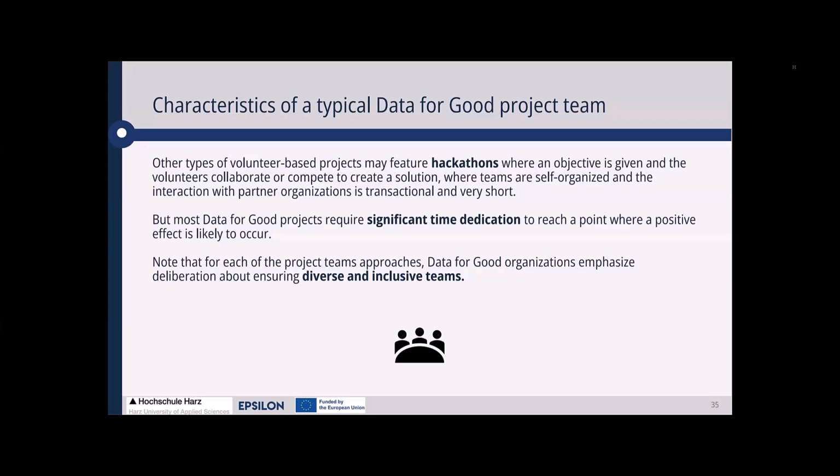Most of the data for good projects, however, require significant time dedication. That means that the projects that are conducted not within a hackathon normally endure 4 up to 6 months.